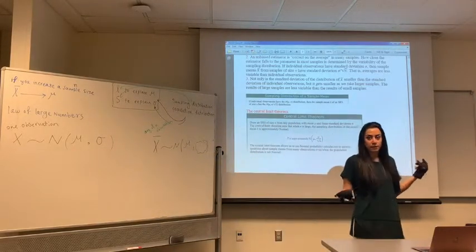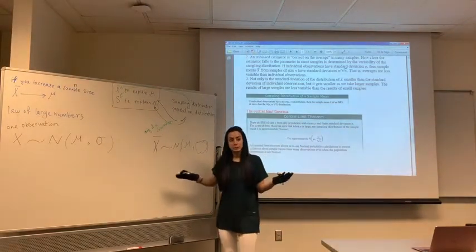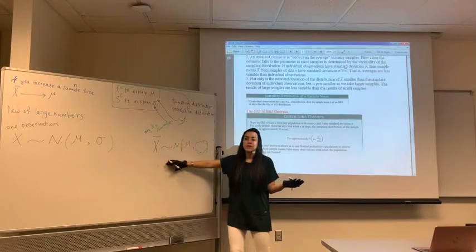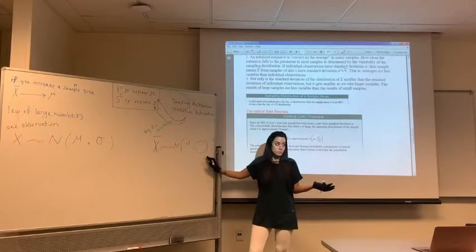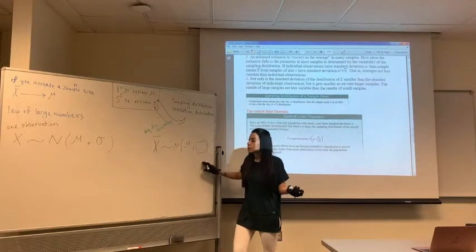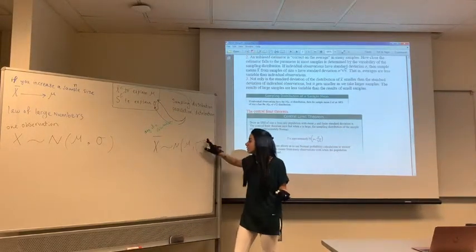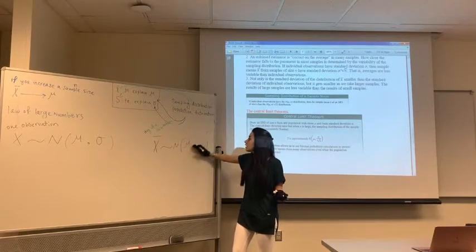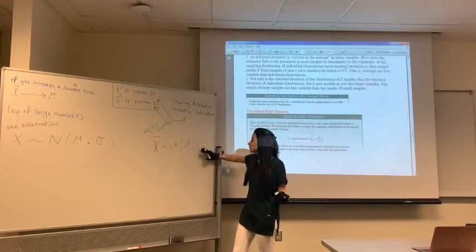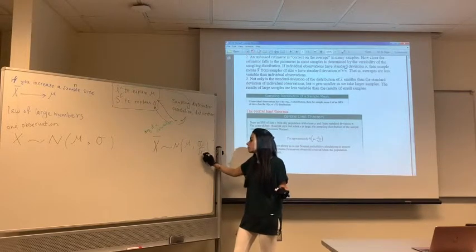If you repeat that, the average of, for example, GPA will follow a distribution which is normal. And the distribution will have this pattern, but the standard deviation will be different. The standard deviation will be much smaller depending on the sample size you are choosing. It will be sigma over the square root of n.